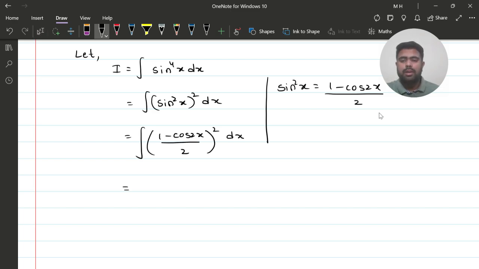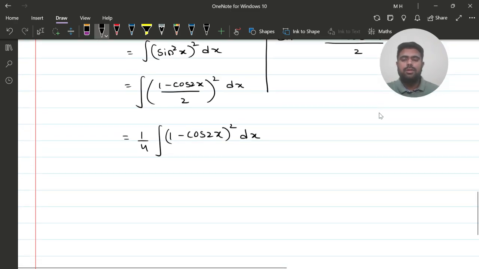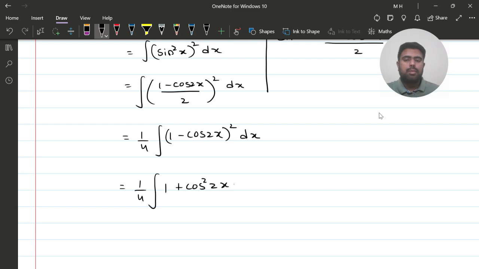So this will be 1 by 2 whole square is 1 by 4 into the integral of 1 minus cos 2x whole square dx, right? So if I expand this whole square, I will get a square plus b square minus 2ab, that is minus 2 cos 2x, right, dx. This is what I get.